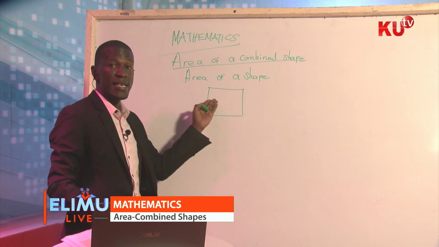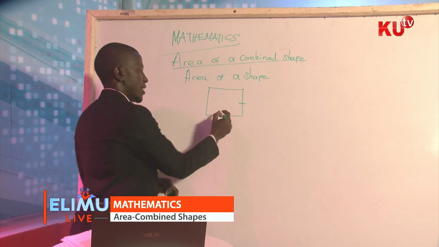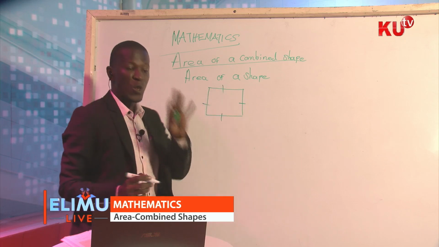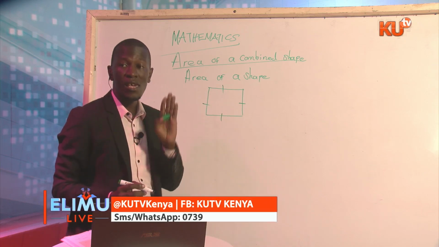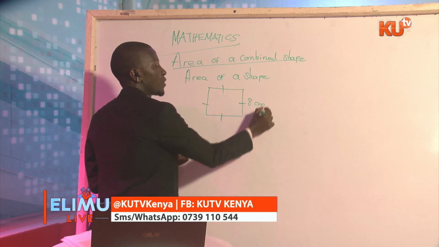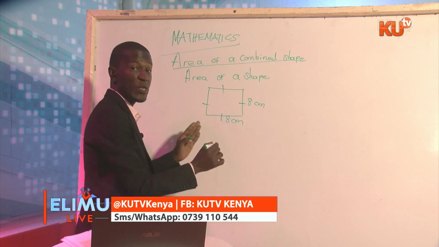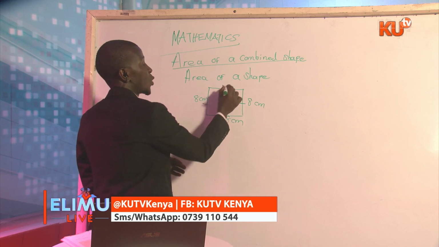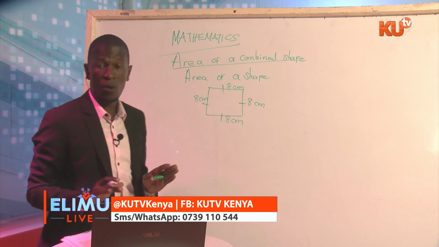As you can see, this square has 4 sides: this side, this side, this side, and this side. All the sides are equal. So if one side is 8 centimeters, it simply means all the sides will be 8 centimeters. So all sides are equal.